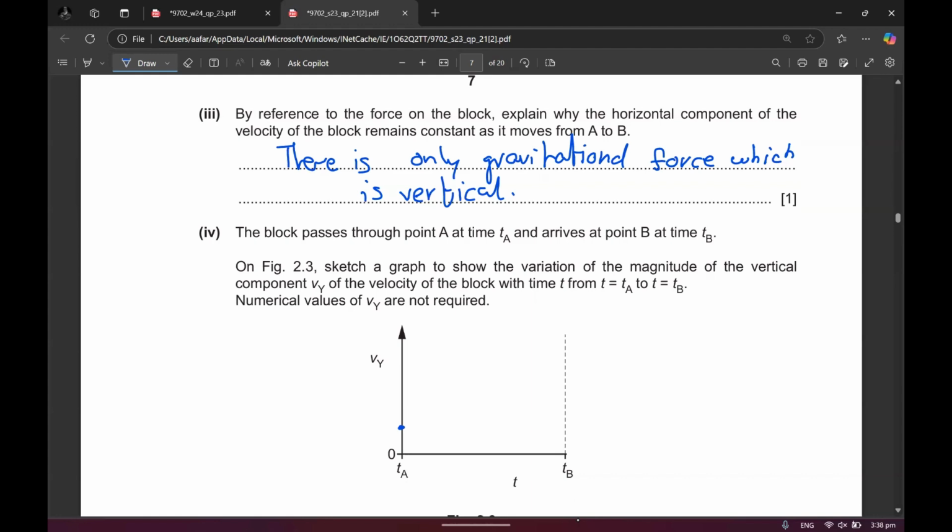The vertical component of velocity changes when there's acceleration, and the acceleration over here is 9.81, which is constant. So there will be a constant change in velocity, i.e. it will be a straight line.